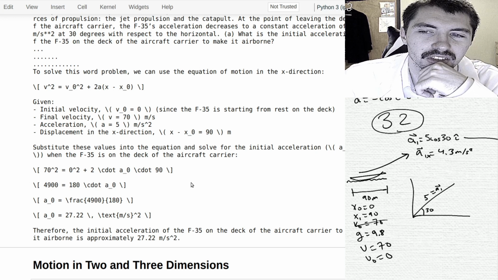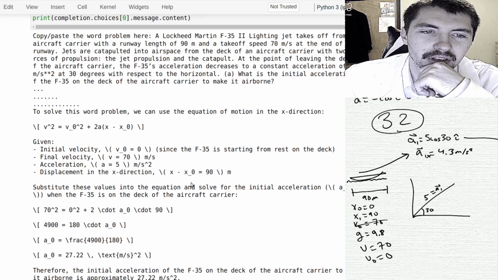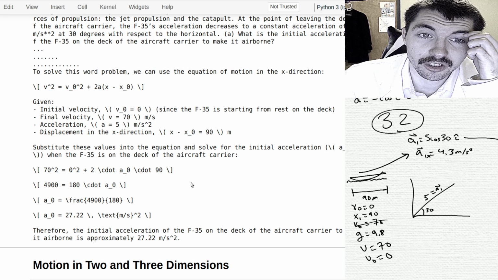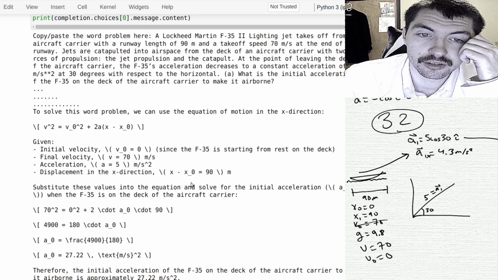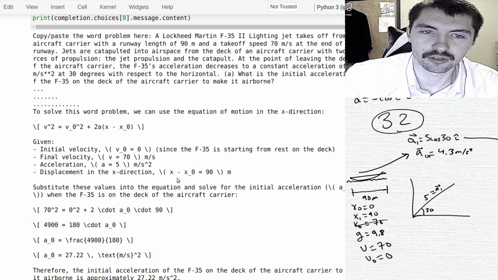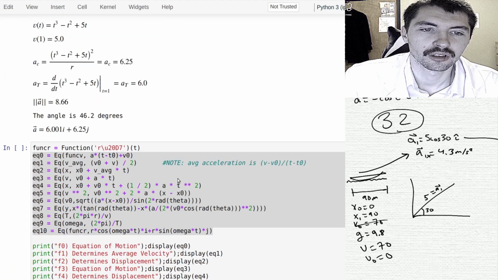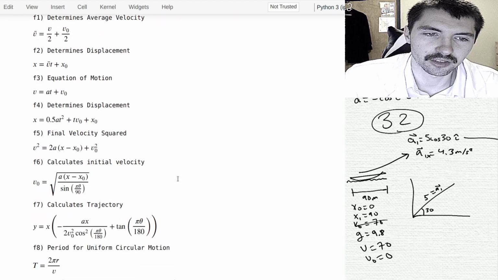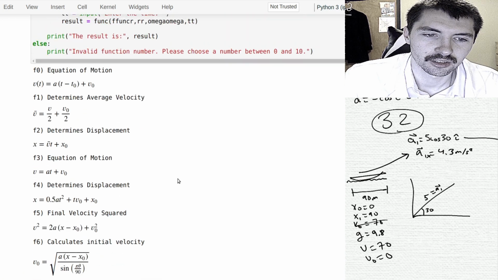Kind of ugly because it's not in LaTeX, and I'm not necessarily convinced either. Looks like they're solving for a naught though, so they're not even using this. Let's see if that works. V squared, and this is an even problem, so we're not even going to be able to check our answer.